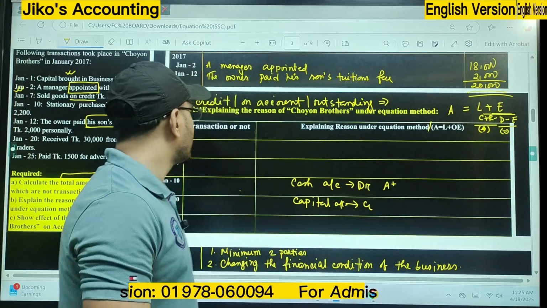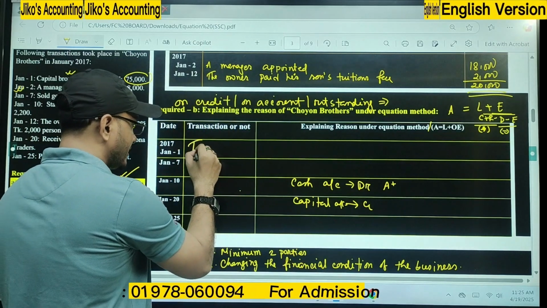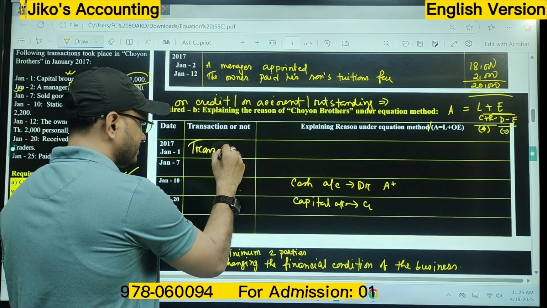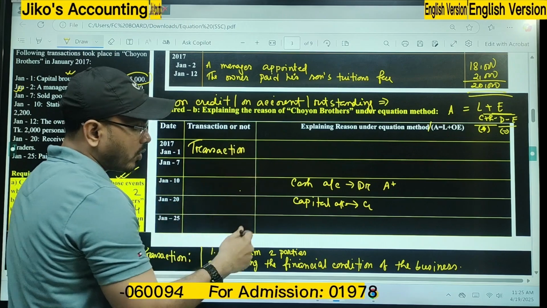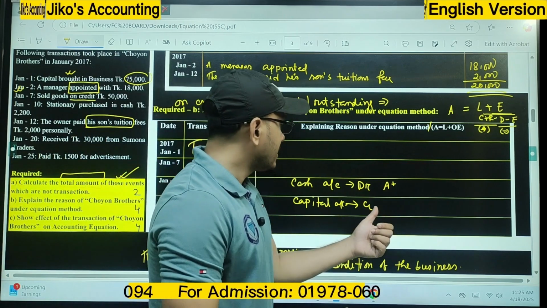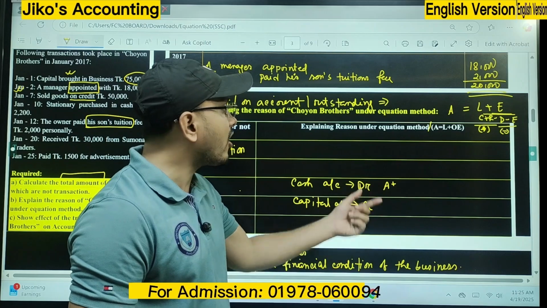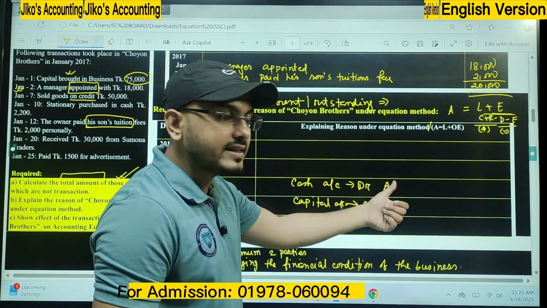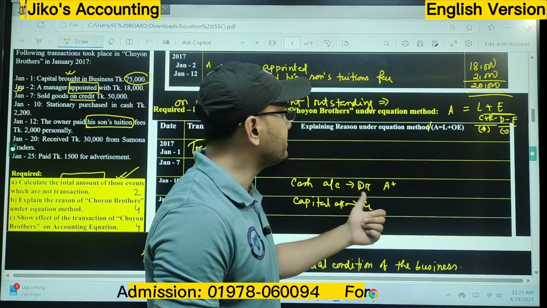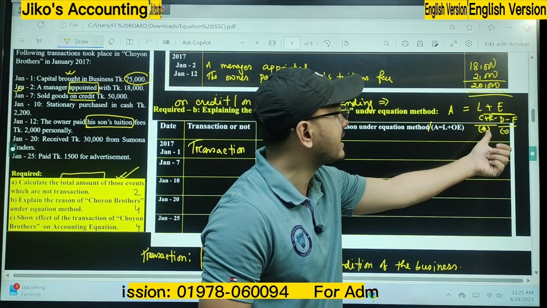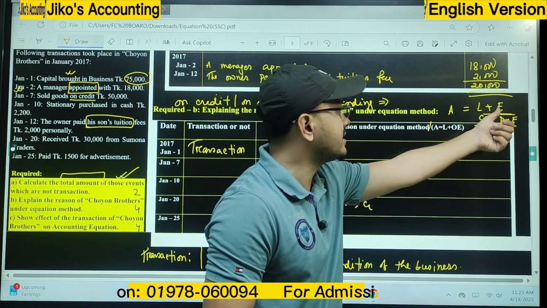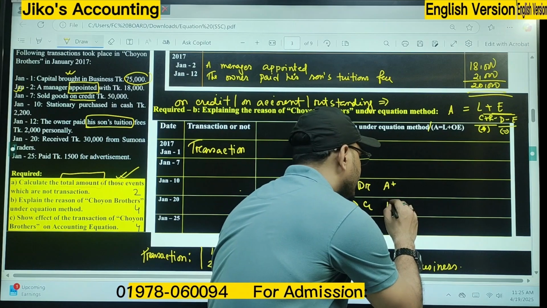Is it clear, sir? So first of all, we have to write down here, it's a transaction. So what are the changes we can see of this equation? Asset increase. How about my capital? Because of bringing capital, that indicates the increment of the equity. Capital, equity increased.